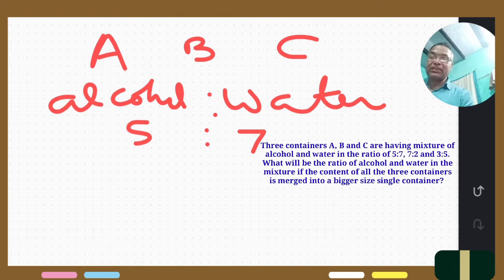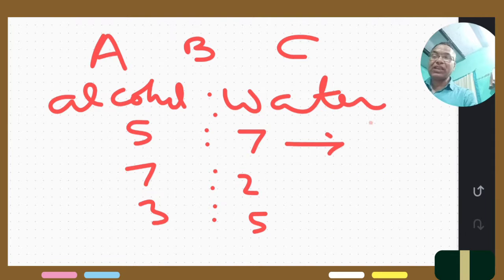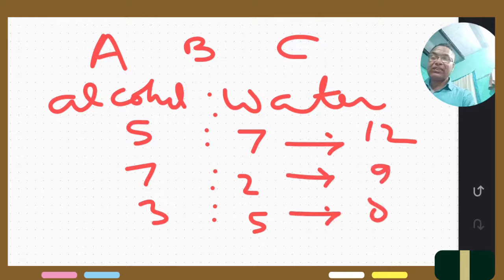In the second, the ratio is 7:2 and in the third, the ratio is 3:5. Now our first job is to add these units. 5 and 7 is 12, 7 and 2 is 9, 3 and 5 is 8.